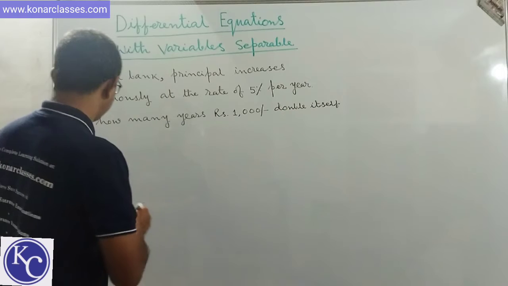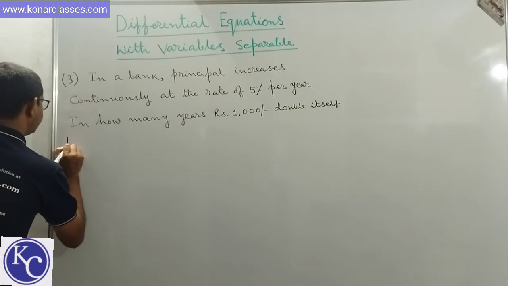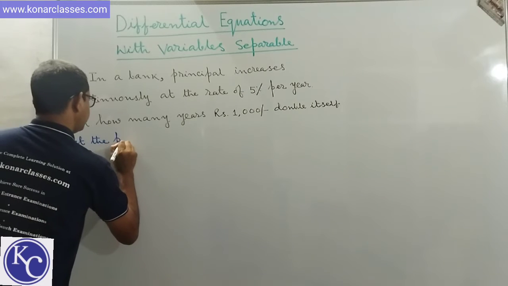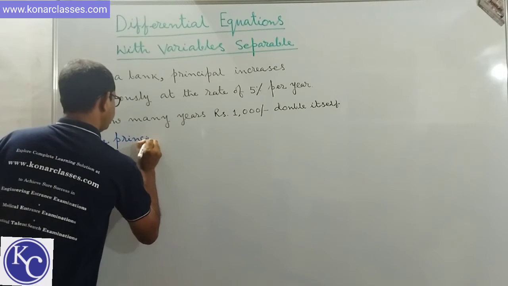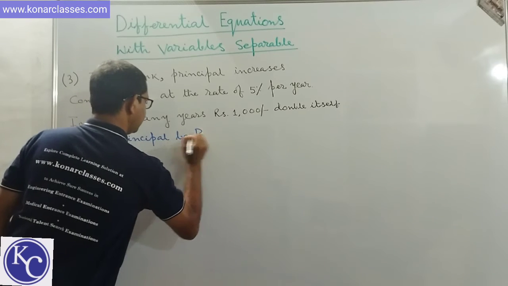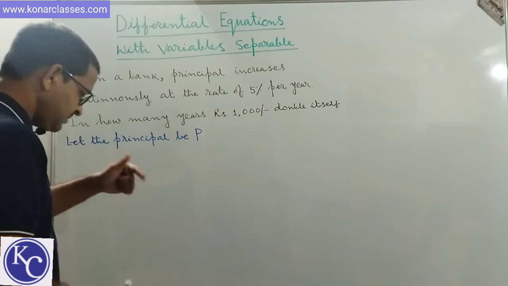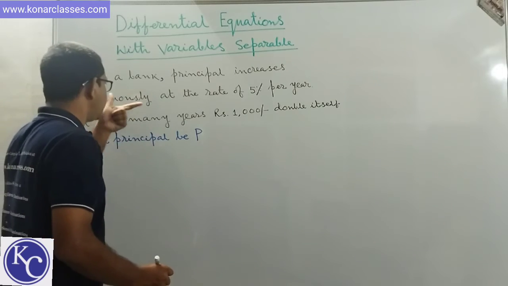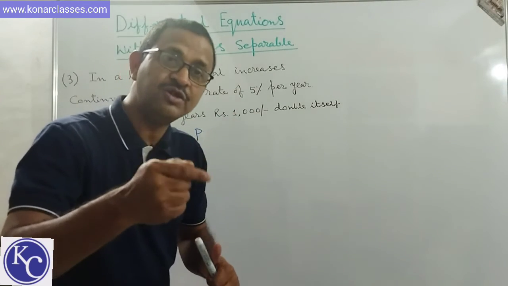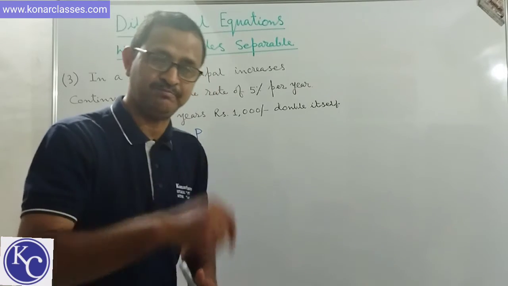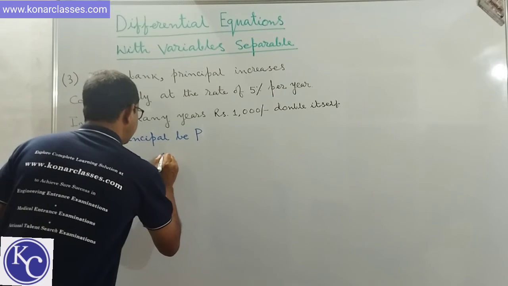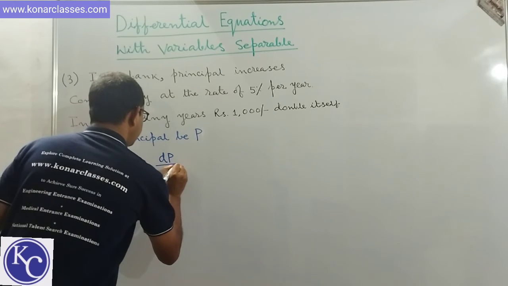Let the principal amount be P, and it is increasing continuously at the rate of 5% per year. Increasing continuously with respect to what? With respect to time. So let time be t. That means dP/dt. What is meant by dP/dt?